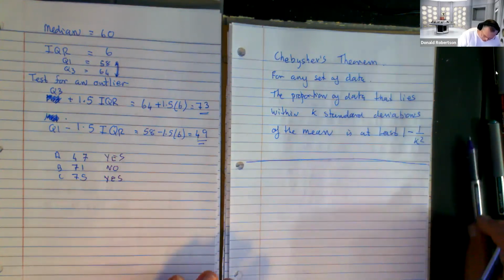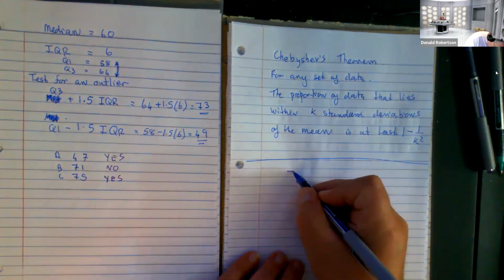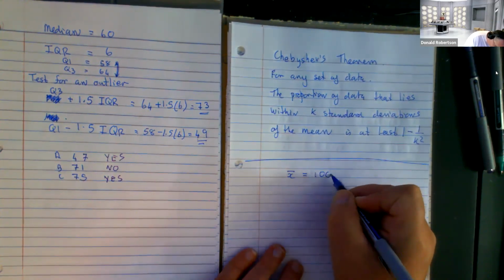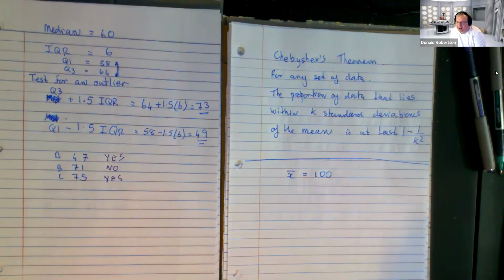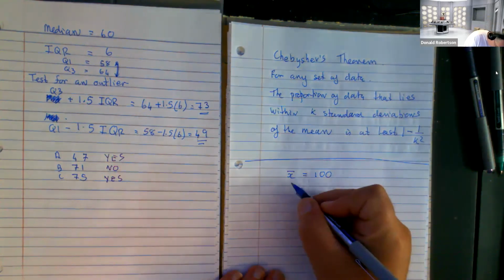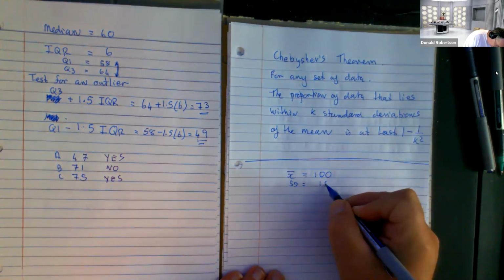So let's say that I have done an IQ test, and the average was 100, which is the typical IQ test average, right? I did it with all the students that I teach, and I got an average of 100 and a standard deviation of 10.